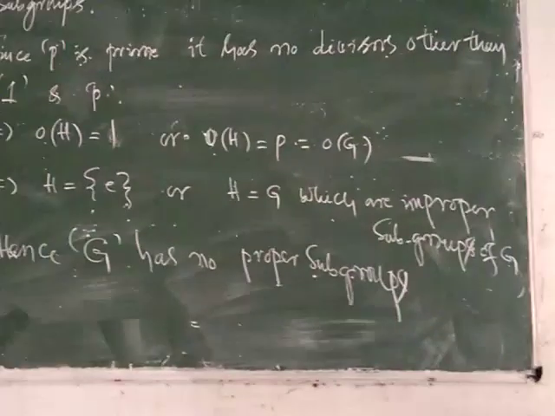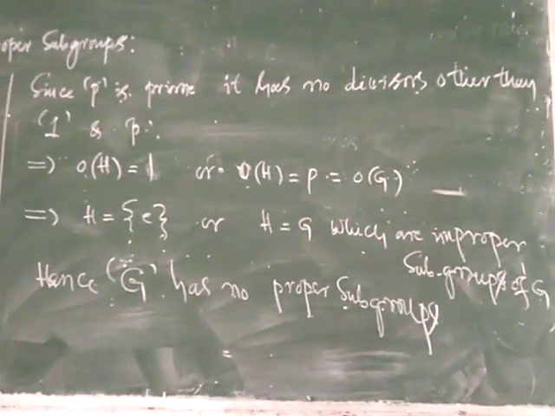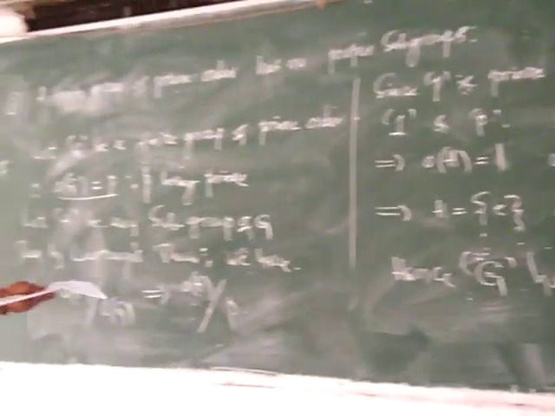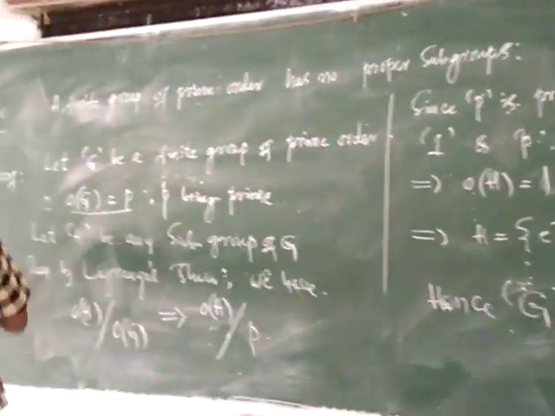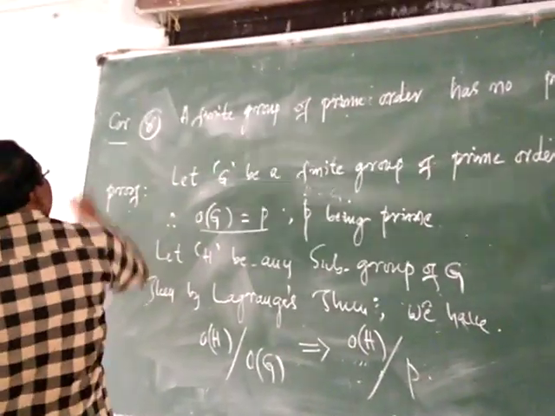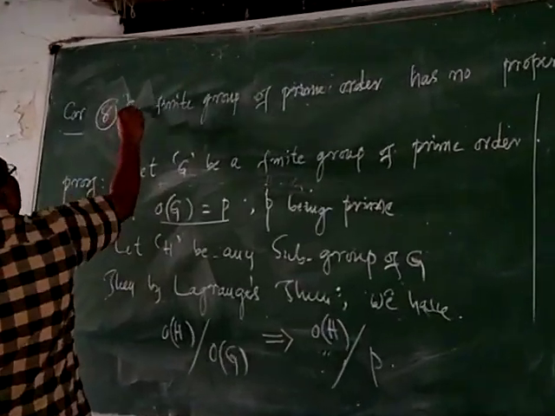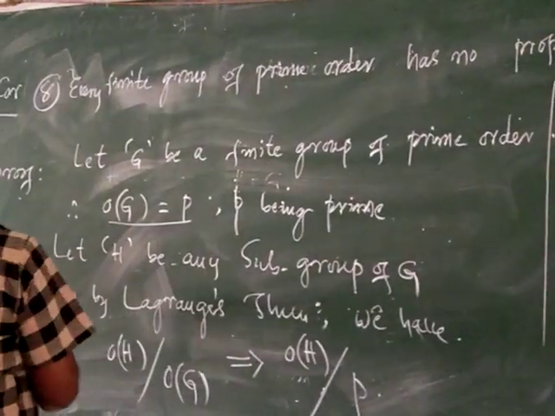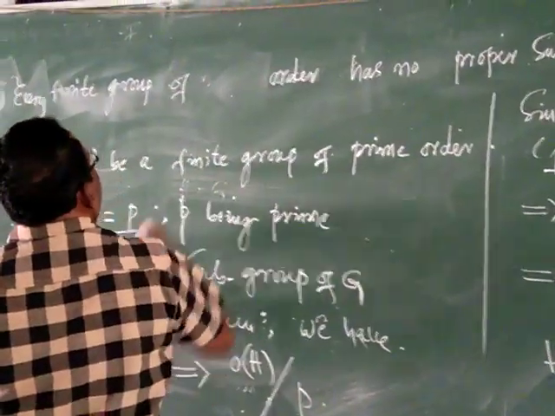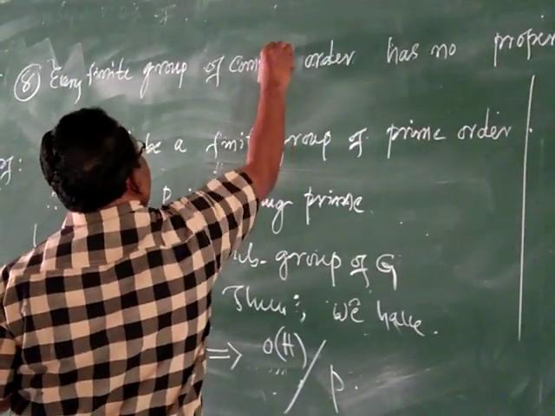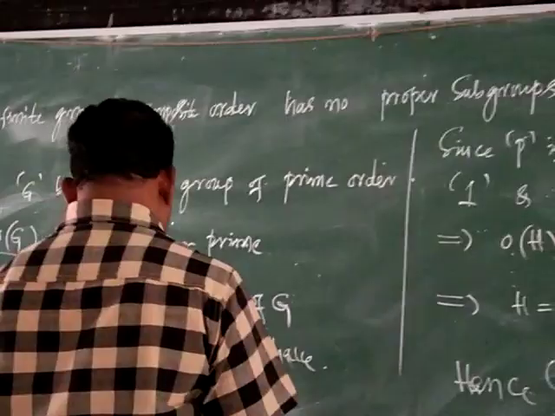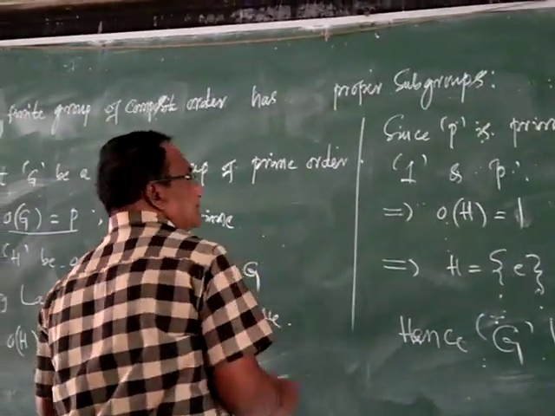Using the converse of this: suppose a finite group is of composite order, then it has proper subgroups. That I wanted to take as corollary 8. Corollary 8 states that every finite group of composite order has proper subgroups.